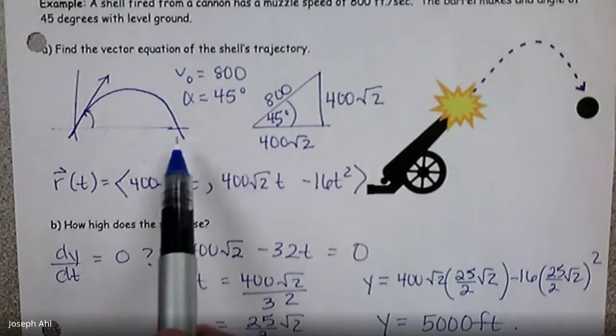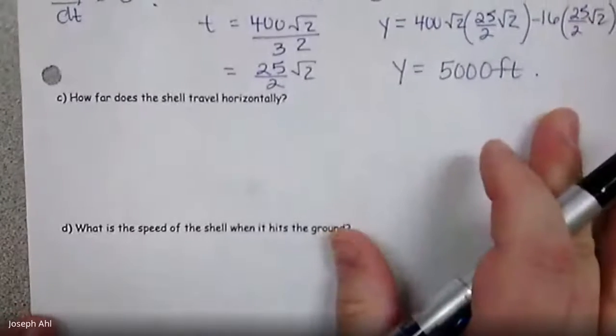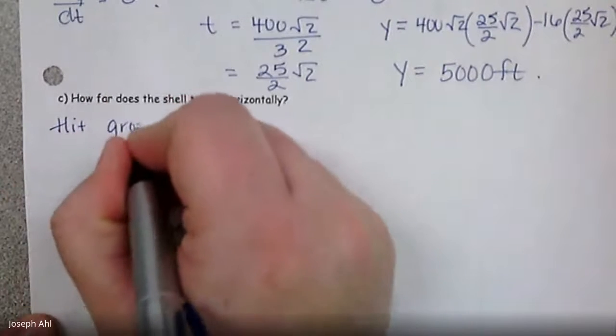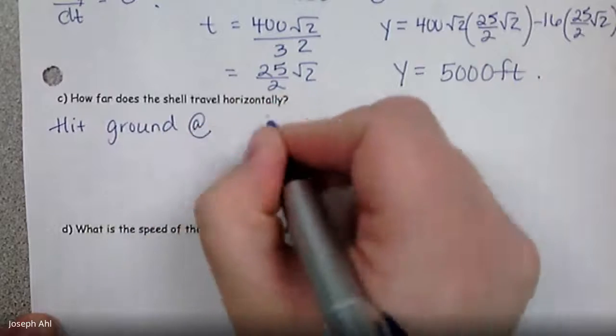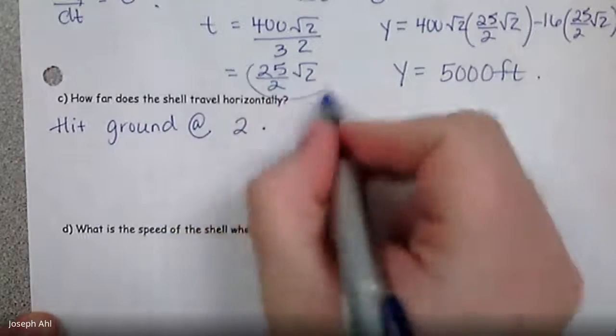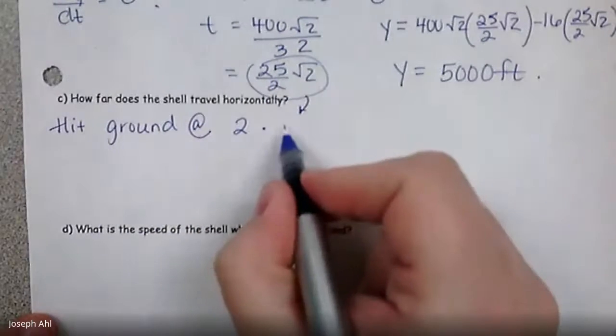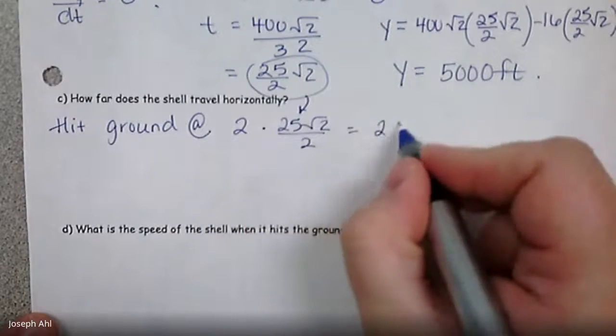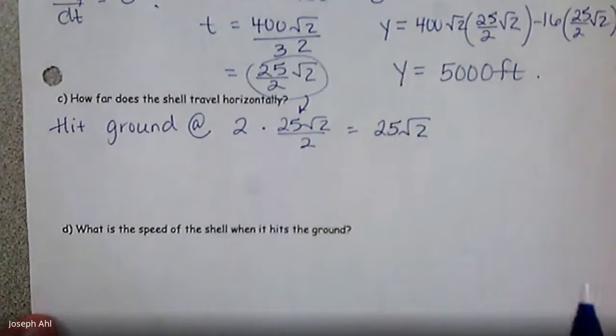So if I double that, that gives me the time it takes to hit the ground. So for this part C, it's going to hit the ground at 2 times that time from part B, 25 radical 2 over 2, which simplifies to a time of 25 radical 2 seconds.